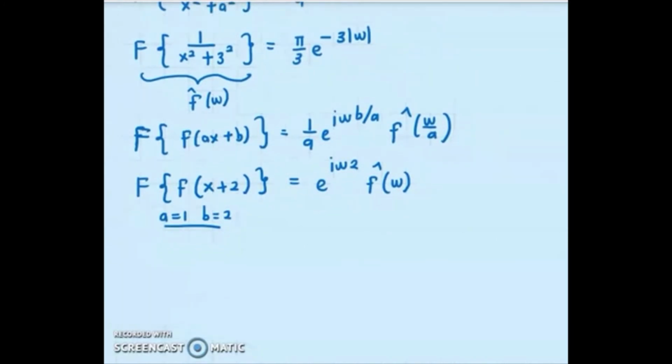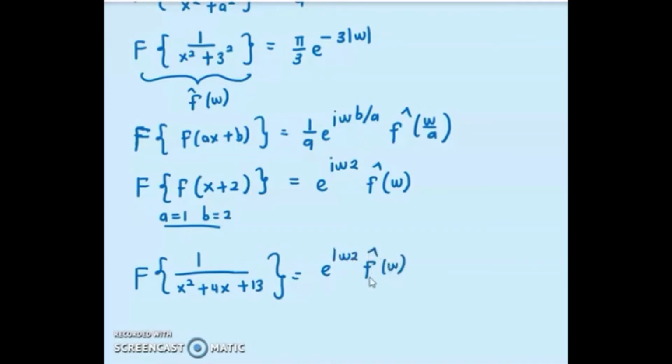So therefore I can say that the Fourier transform of 1 over x squared plus 4x plus 13 is given by e to the i omega 2 times f hat of omega, which is e to the i omega 2 times pi over 3 e to the negative 3 omega.